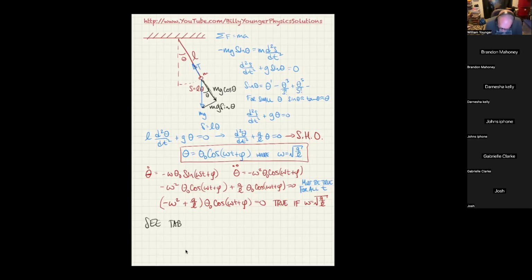What you see is theta equals 30 degrees, which is also equal to 0.52360 radians, implies sine theta is equal to 0.5, whereas theta is equal to 0.52360.